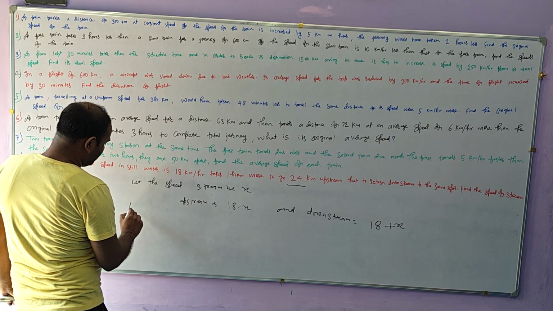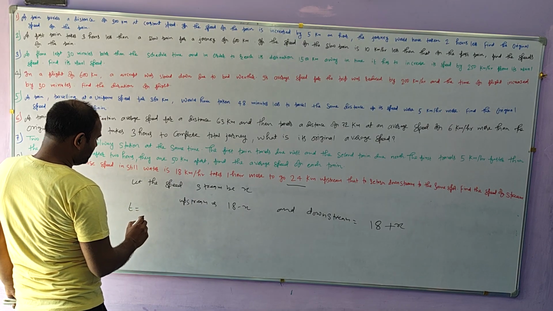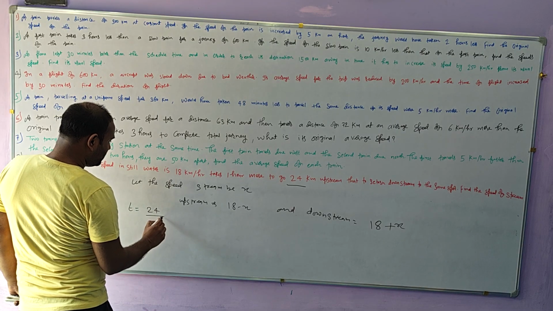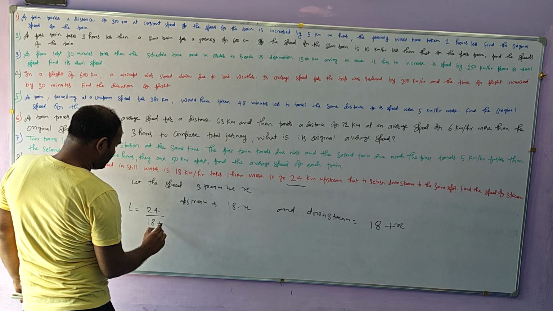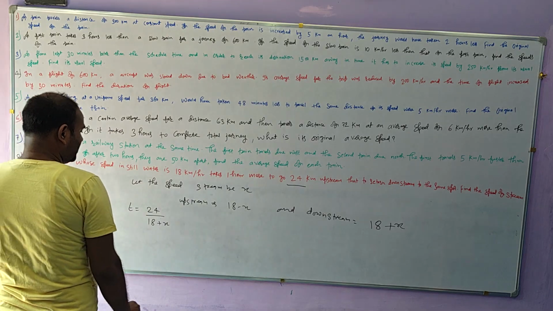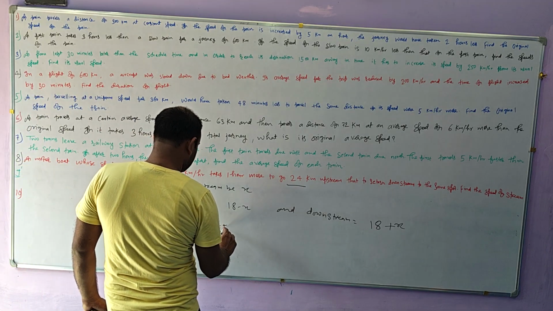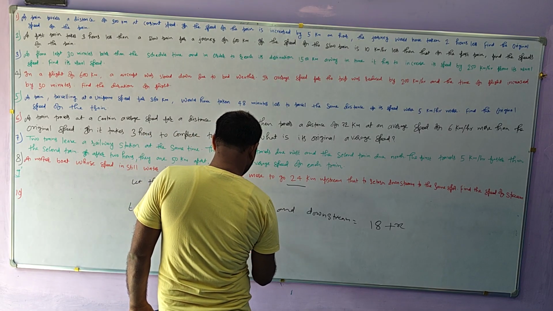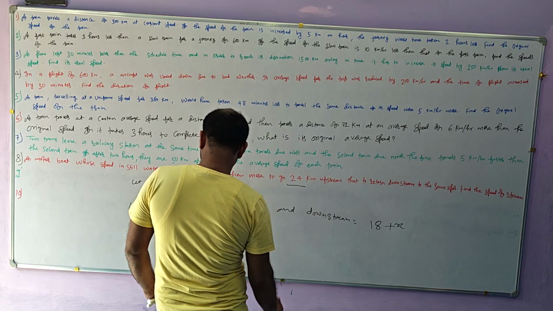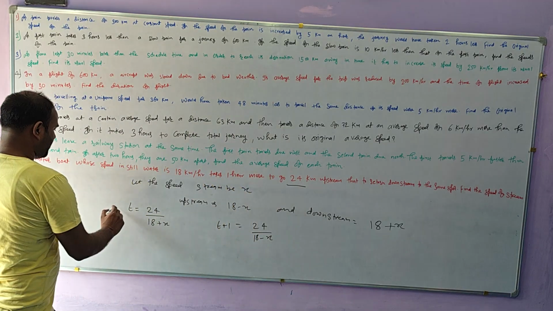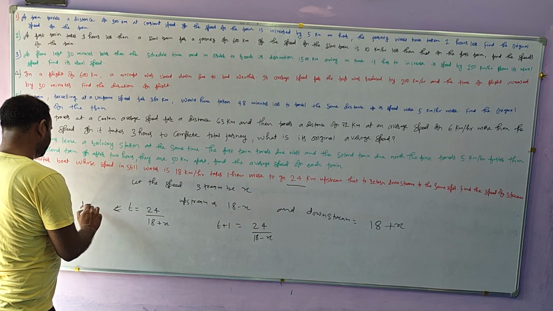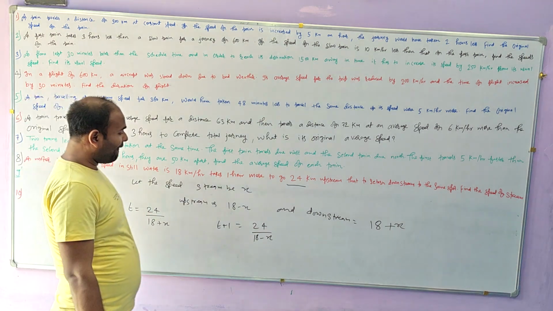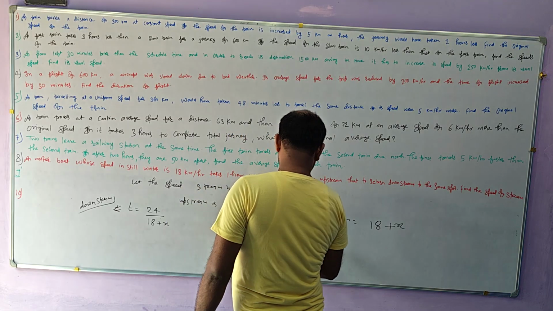So we finally say t is equal to 24 upon 18 plus x, and t plus 1 is 24 upon 18 minus x. The first is for downstream, and this is for upstream.